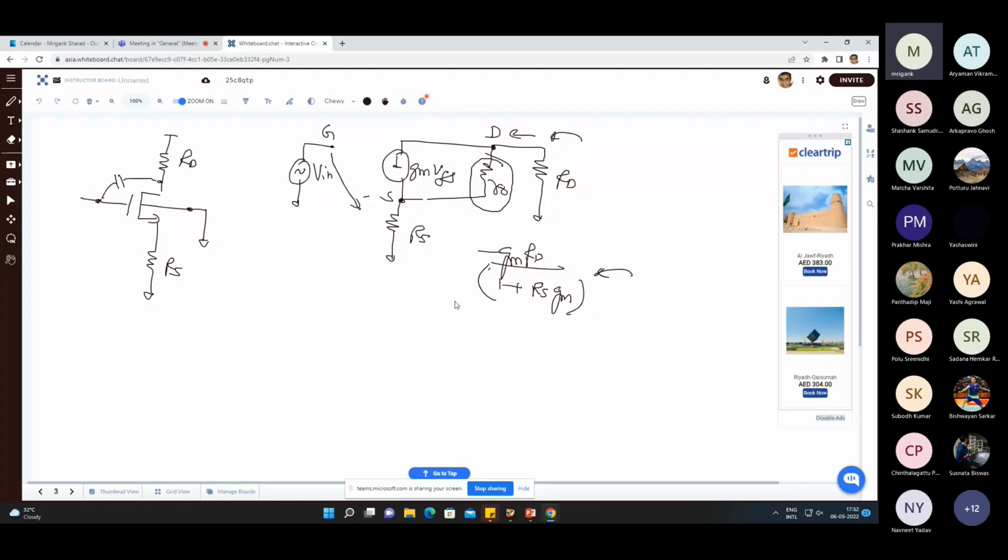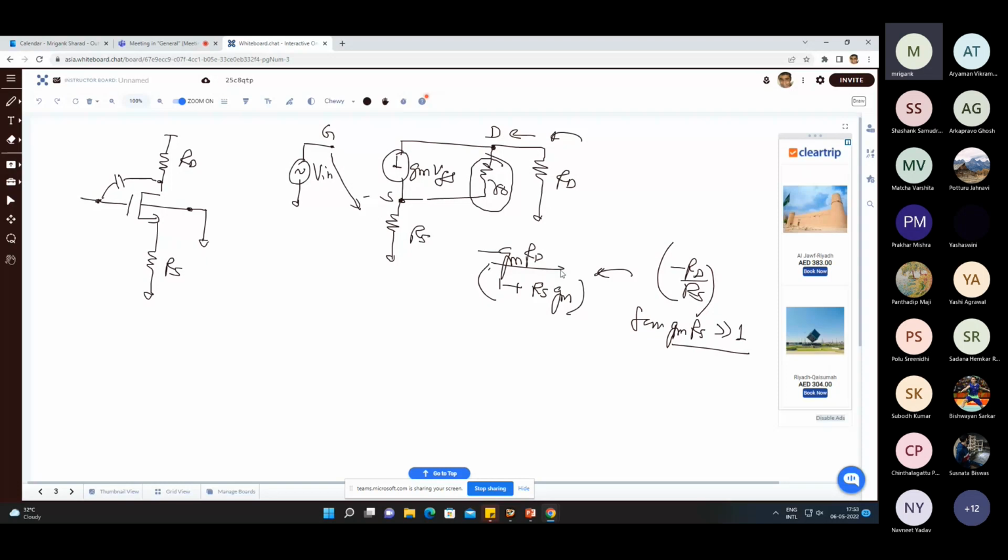And here, if GM RS is much greater than 1, we get something like minus RD upon RS for GM RS much greater than 1. So you can say, okay, this is also a nice way of getting a deterministic gain, which is independent of the GM of the MOSFET.